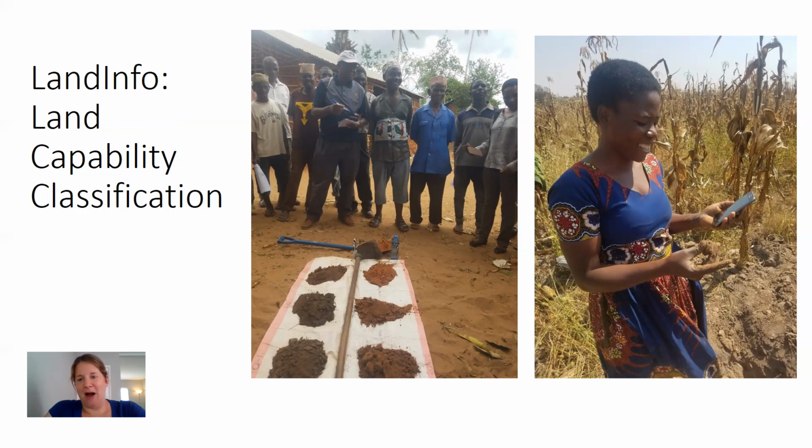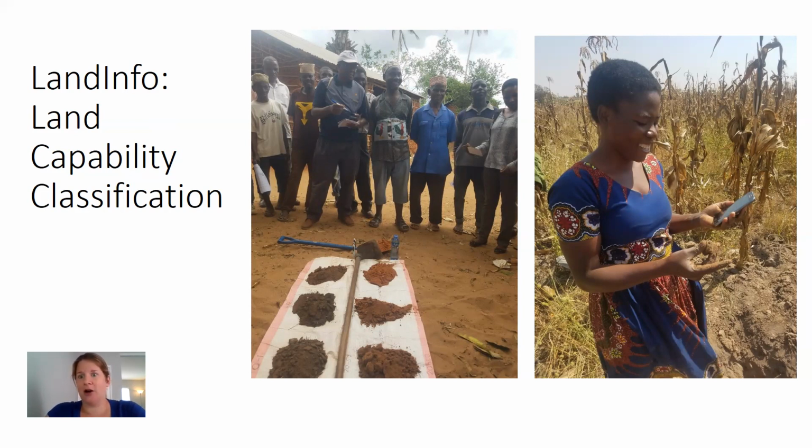And she really thought this was a powerful tool because as the agricultural extension agent, she has basically no resources. She has no access to labs, no access to experts, and she's the one who's supposed to advise these farmers about what they should be growing. So being able to dig a soil pit and look at the soil is incredibly helpful for her because she has been trained on soils.